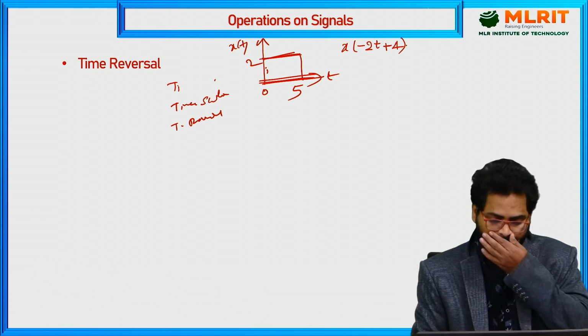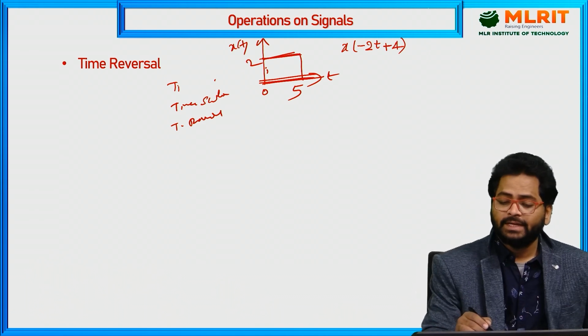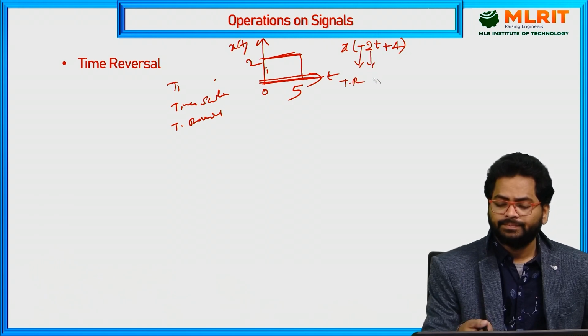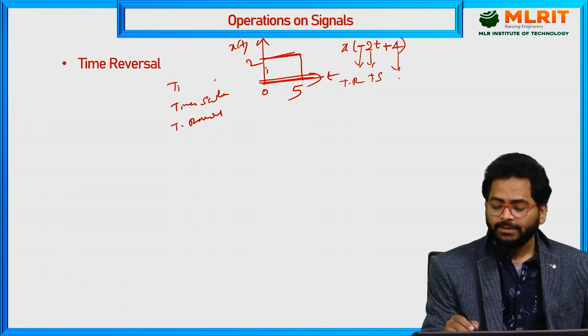These are the three operations. The minus represents the time reversal, the 2 represents the time scaling, and this 4 represents the time shift.